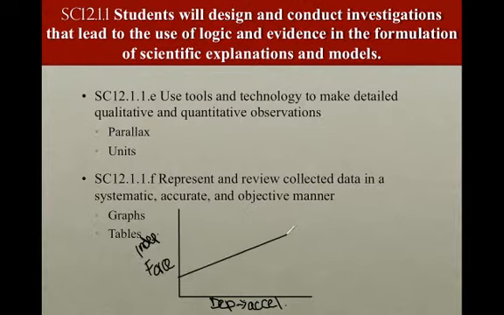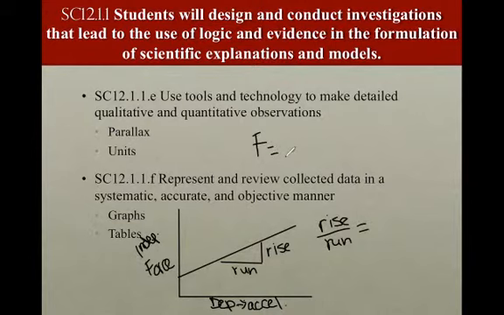Now for force and acceleration, it's a direct relationship. It's linear. And so when you have a linear relationship, you can find the slope. And you would have the rise over the run. And for this case, since we're looking at force and acceleration, do you guys remember the equation that relates force and acceleration?